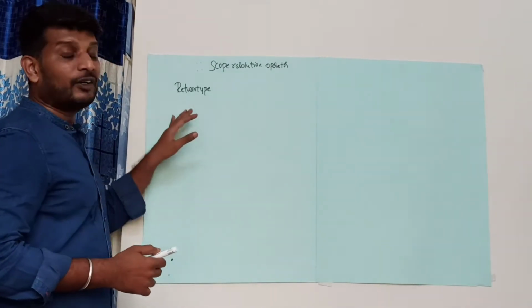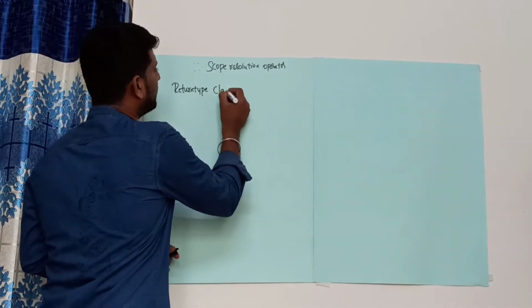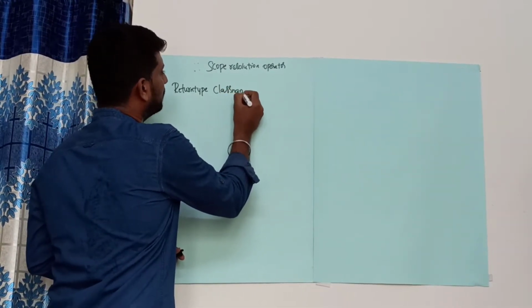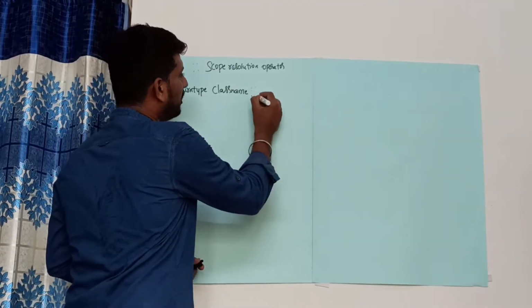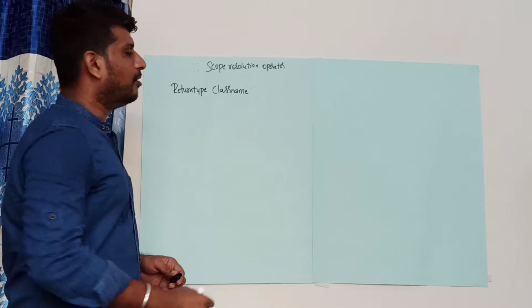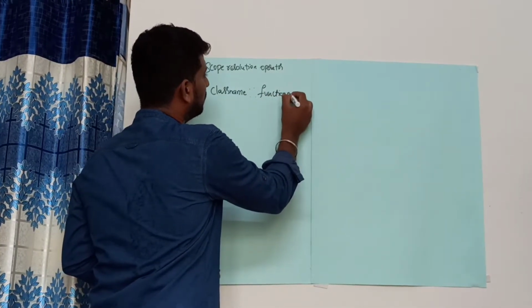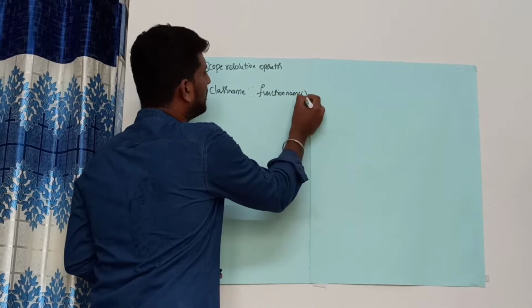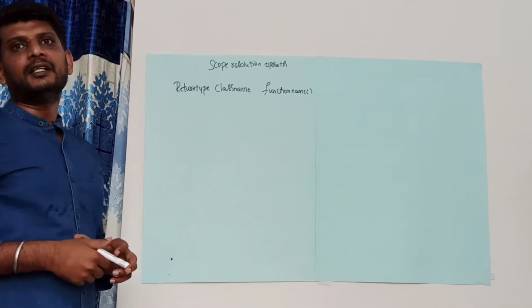So, firstly you have to specify the return type followed by the class name, and then you need to make use of the scope resolution operator followed by the function name. This is how exactly we define the member function outside the class.